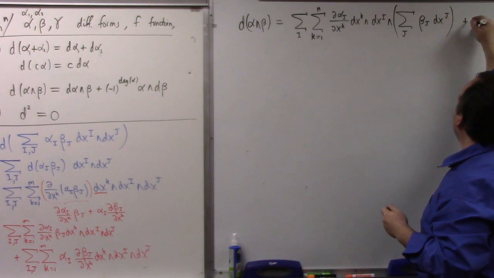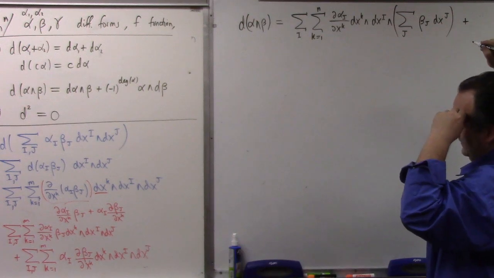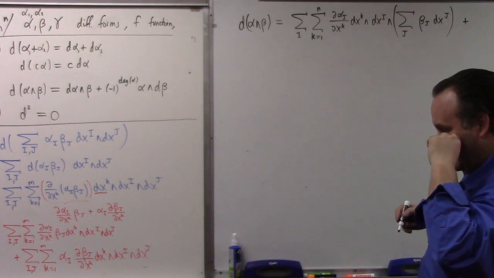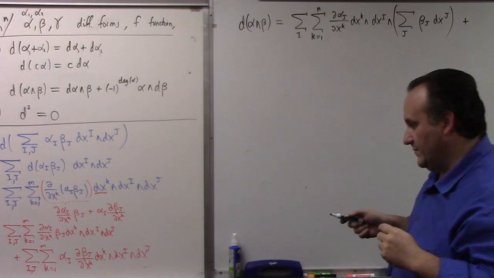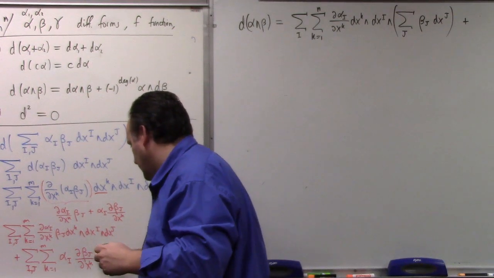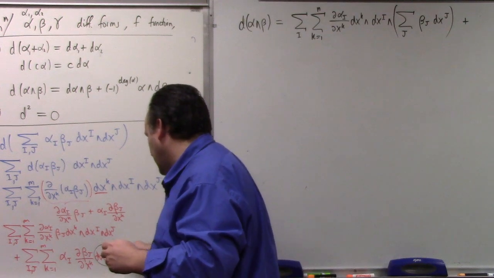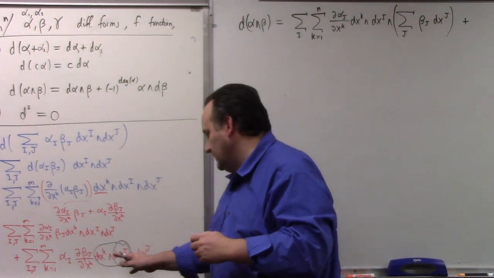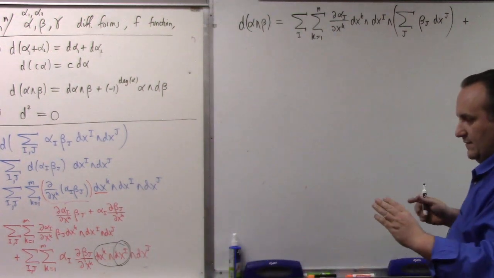And then plus the other one, all right? And the other one, well, there's a problem. The problem is, I'd kind of like to do the same thing, but here, I need to move this dx^i over to here, but when I do that, it costs me, the cost is permuting the dx.